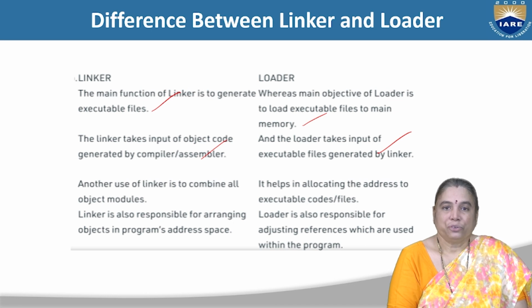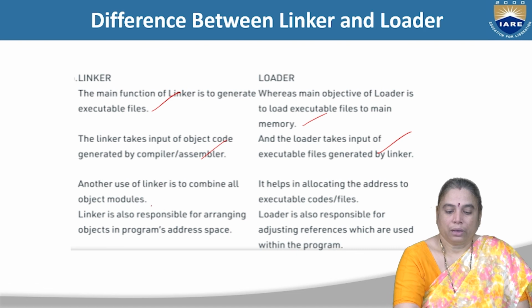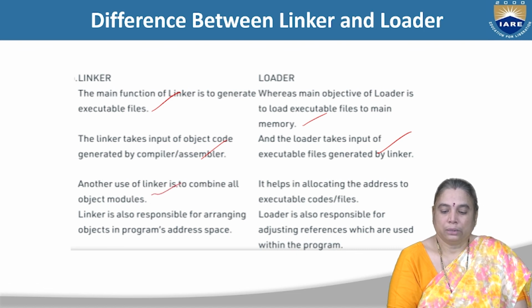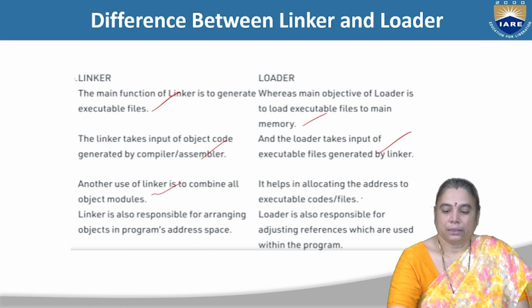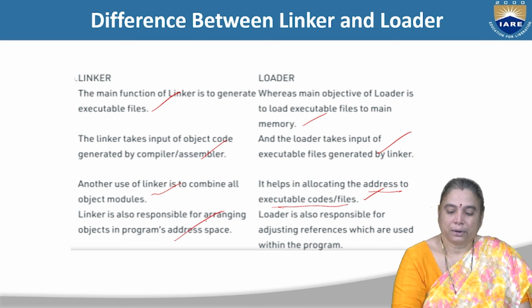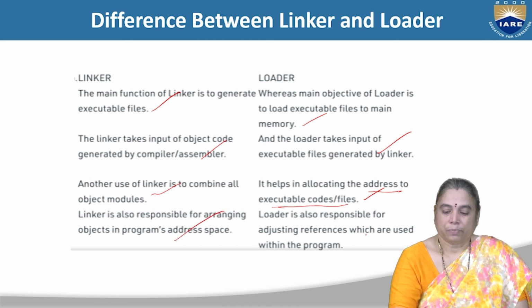So these two are the major utility programs that are used for smooth execution of the code. The linker combines all object modules, but the loader allocates addresses to the executable codes or files. The linker is also responsible for arranging objects in the program address space, but the loader is also responsible for adjusting references which are used within the program.